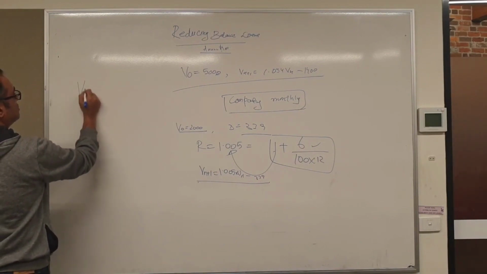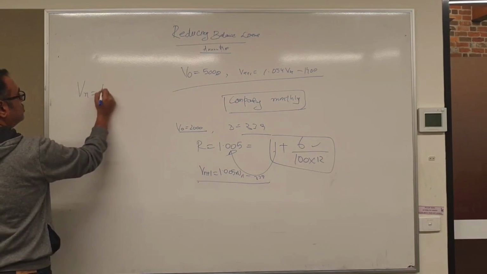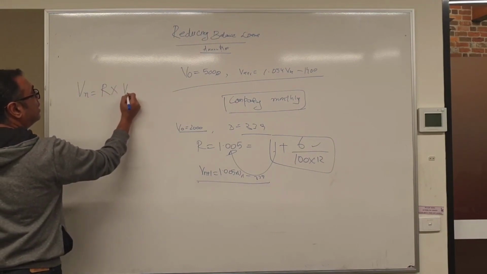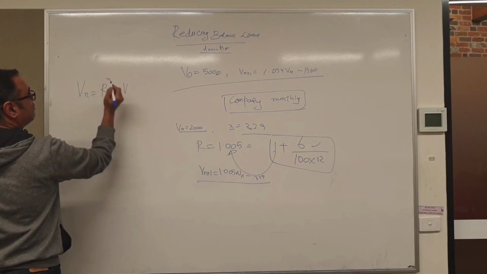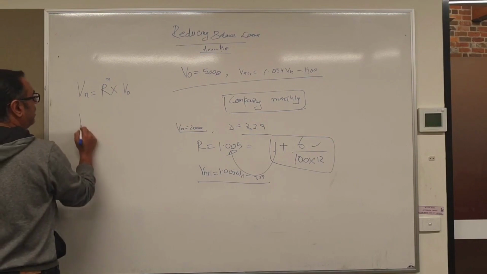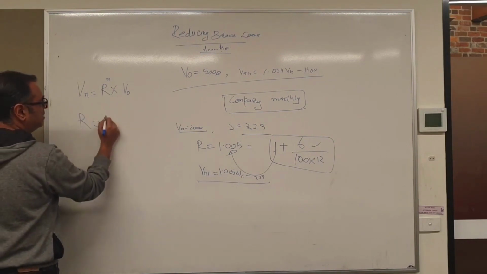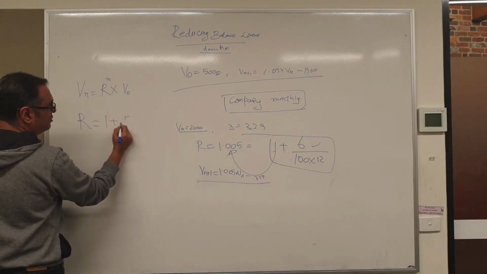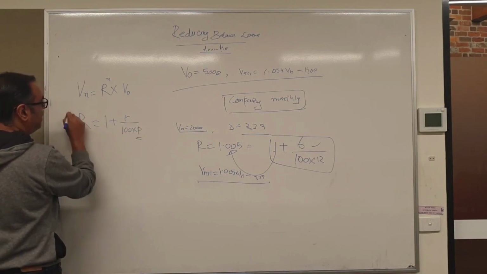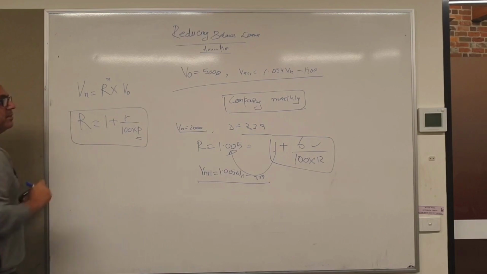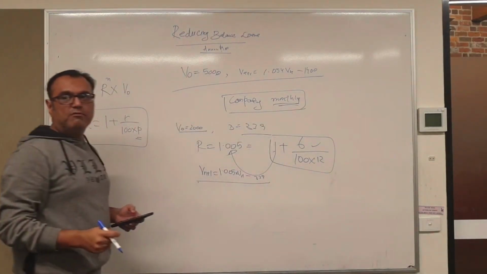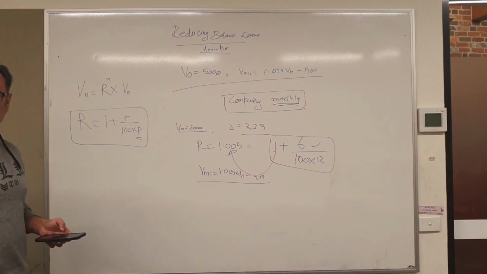So when you're compounding monthly, your formula for compound interest is what? Your formula for compound interest says Vn equals capital R raised to the power of n times V0. And what is your capital R? The final rate, basically 1 plus the rate of interest over 100 times the P. P is the compounding period. When you're compounding monthly, that magical number is 12 because there are 12 months in a year.